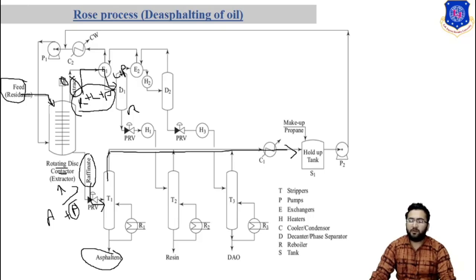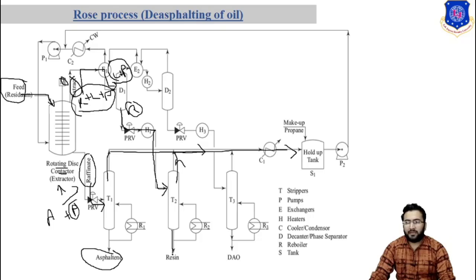In this decanter two phases appear: the first phase is lube oil plus propane and the second phase is resin. The resin bypasses heater 1 and goes to tower T2, where a small amount of propane is obtained from the top of the unit and we get the resins from the bottom.